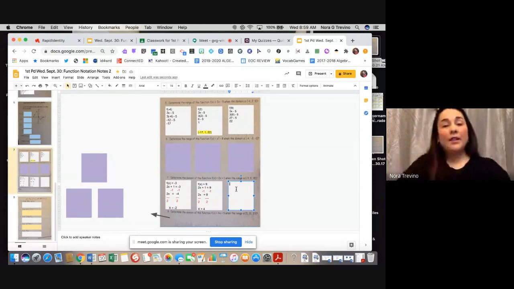Finally, f of x equals 15. So take your f function, 2x plus 1, and equal it to 15. Do minus 1 to both sides.